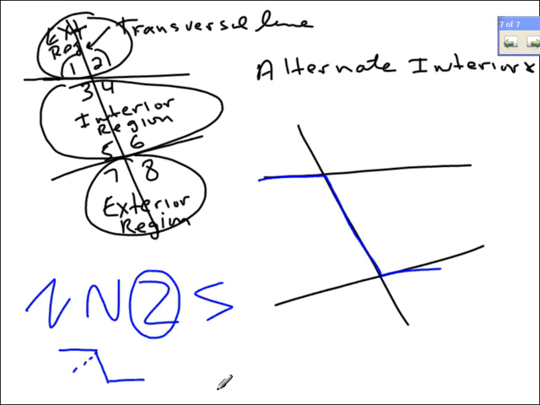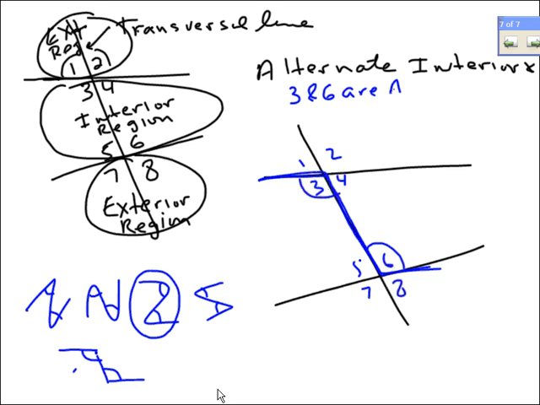And basically, these angles in the Z, and down here it becomes a bit more tricky, but those are the angles. Those are interior angles. Here is my Z. It caught 3 and 6. 3 and 6 are alternate interior angles.